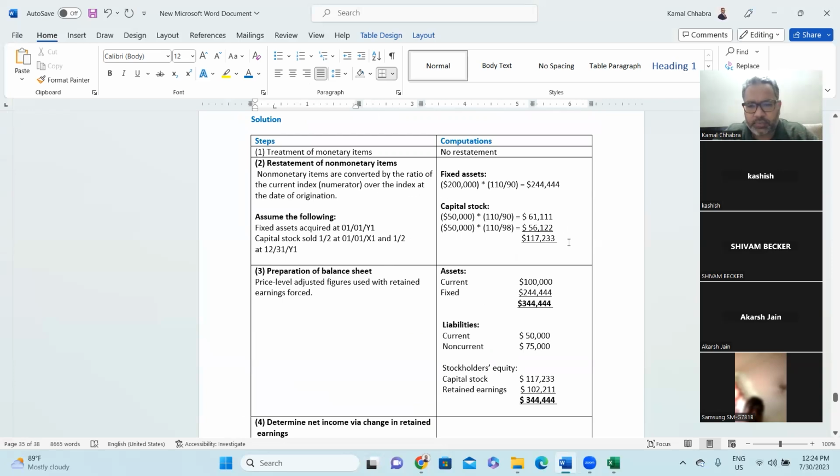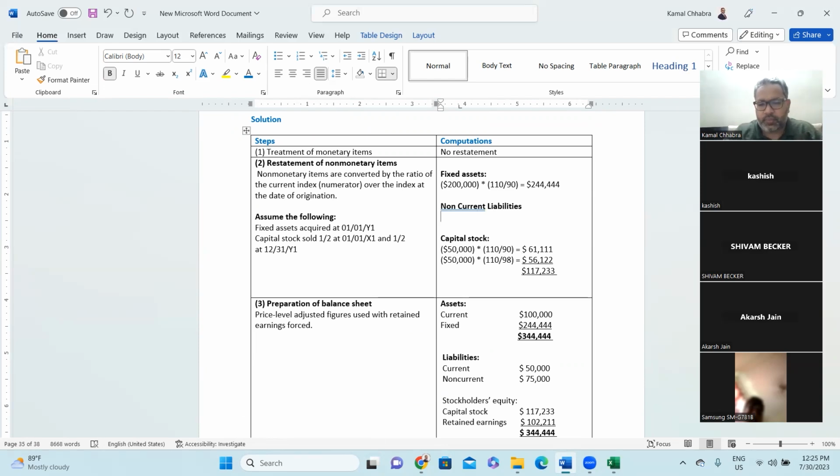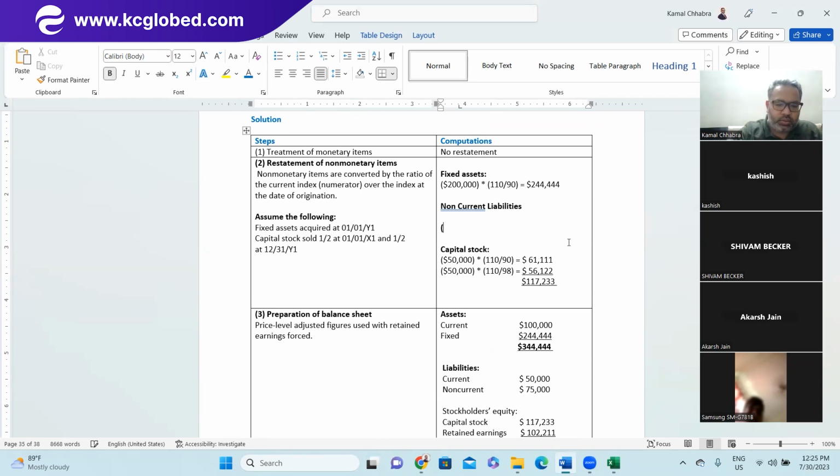So I think restatement of non-monetary items. Here, once again, we will do non-current liability as well. So which was $75,000 multiplied by 110 divided by 90. How much is it? Can someone do the math for me?